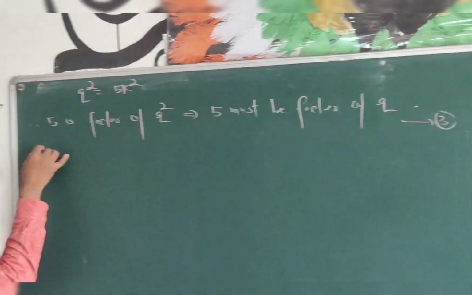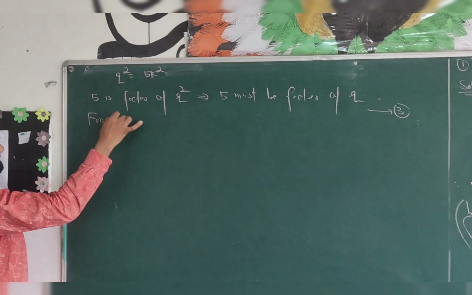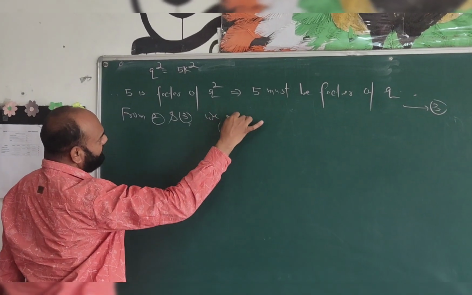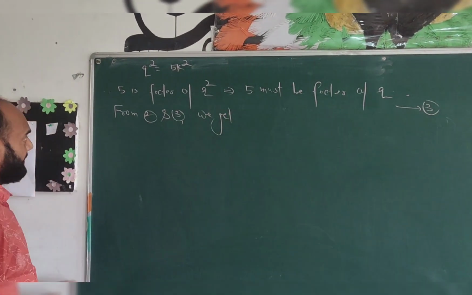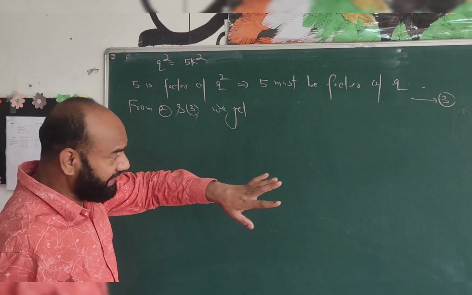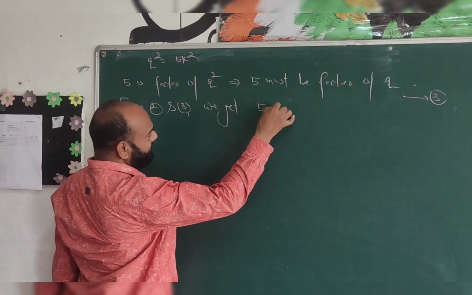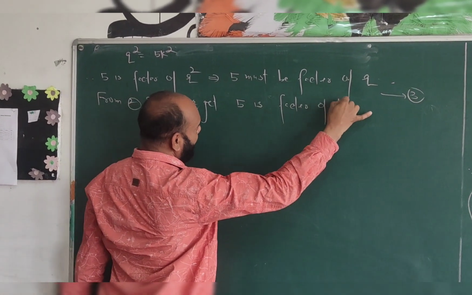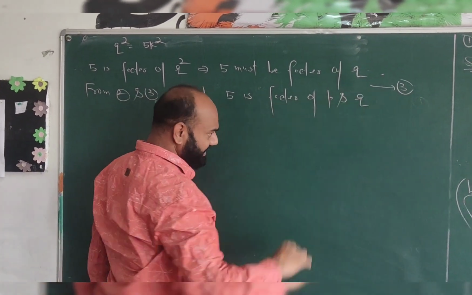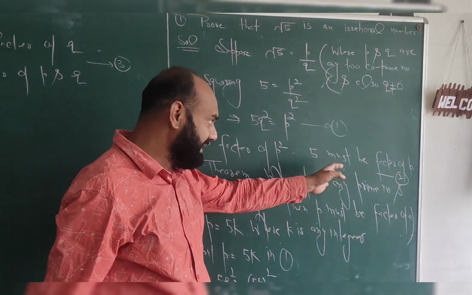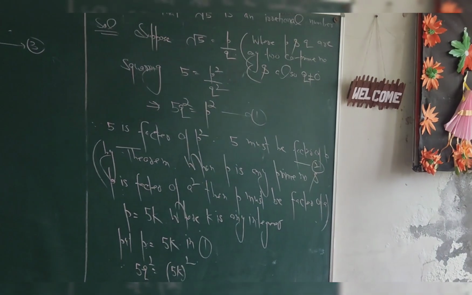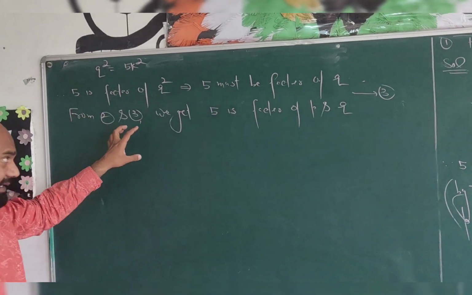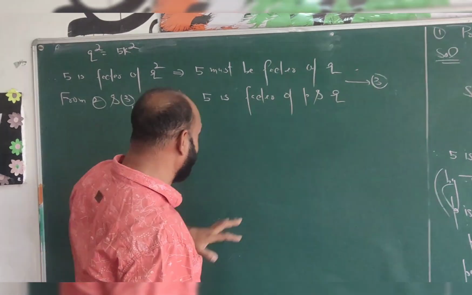From second and third, we get 5 is a factor of both p and q, because in the second equation it is given that 5 is a factor of p, and in the third it is given that 5 is a factor of q. So by combining second and third, we get 5 is a factor of p and q.